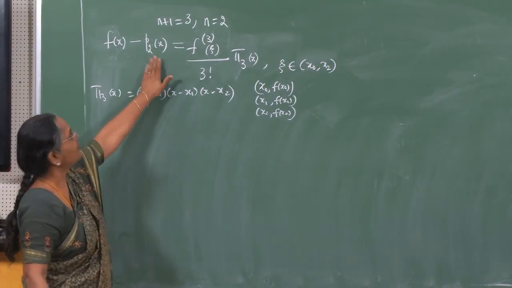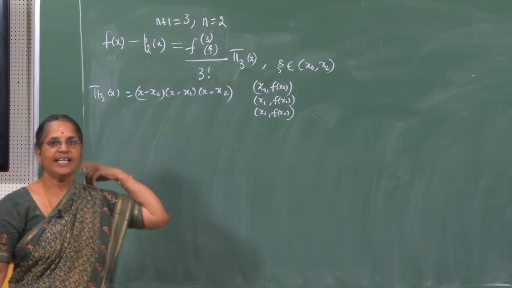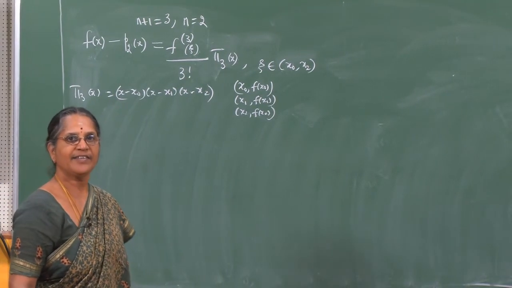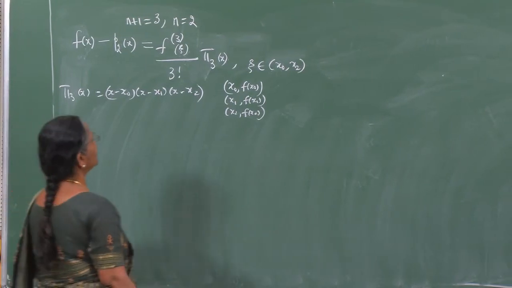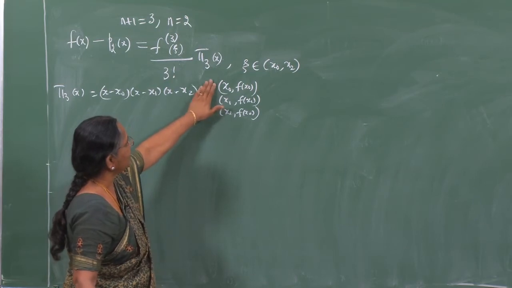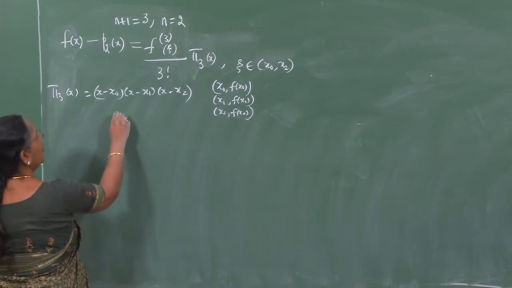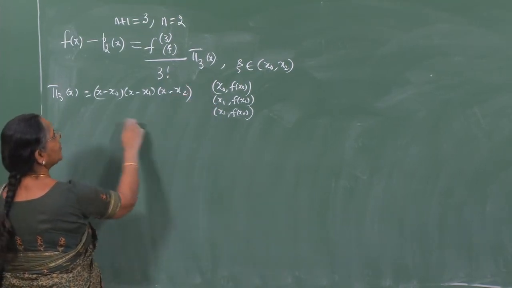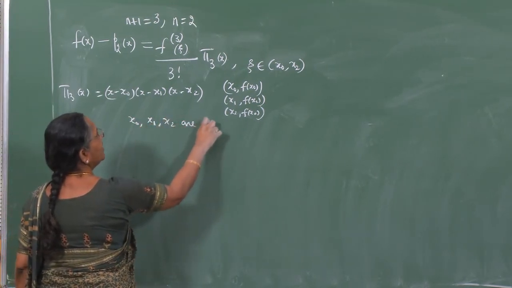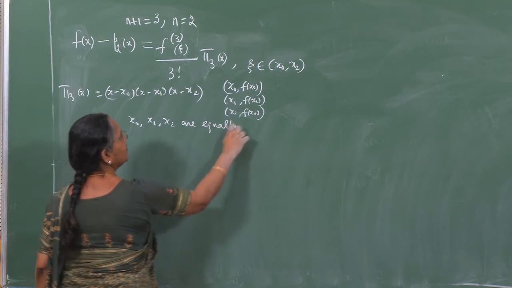And what is p2 of x? p2 of x is the quadratic Lagrange interpolating polynomial that interpolates the function at the set of discrete points x naught, x1, x2. And what do you know about x naught, x1, x2? They are equally spaced.